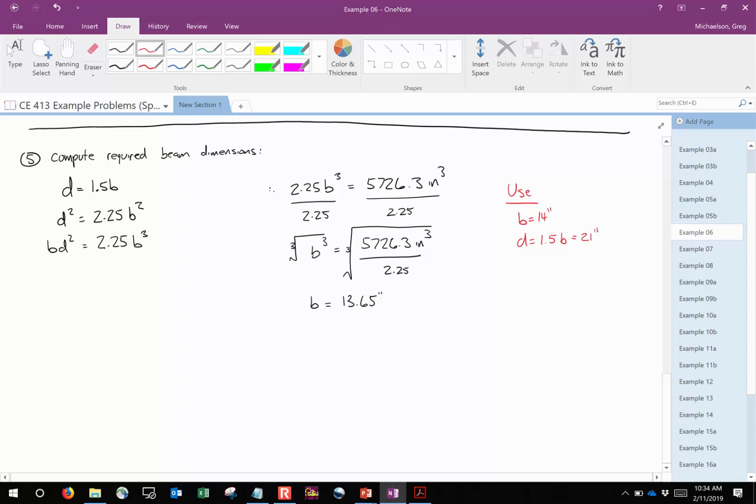Now, that's all we need for capacity, but we do need an actual full height of the beam in order to determine the beam's weight. And so how do we do that? What's our reasonable assumption? Anybody remember? D plus 3, exactly. So the height of the beam, we'll take D plus 3 inches.